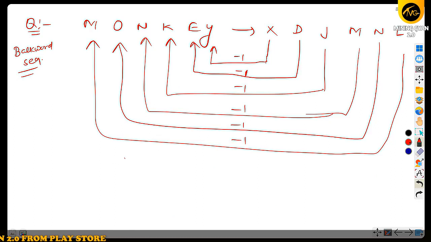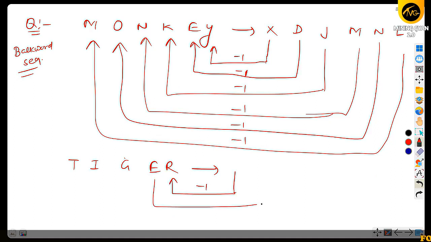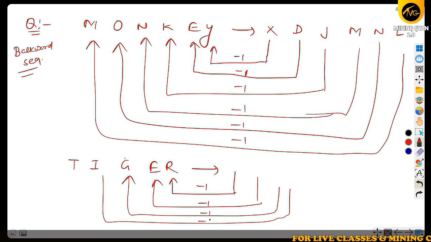Similarly, you can easily find out the decoded language for the word TIGER. The gap is minus 1. So just use the first alphabet before each of the given alphabets.